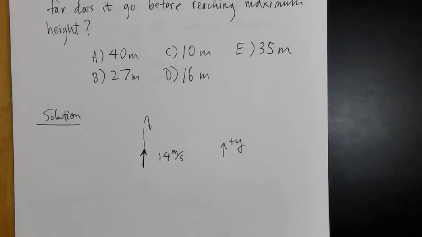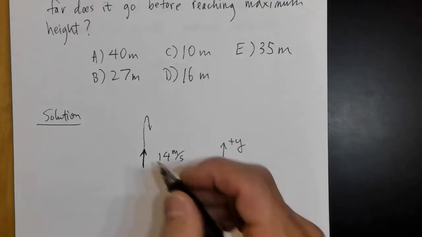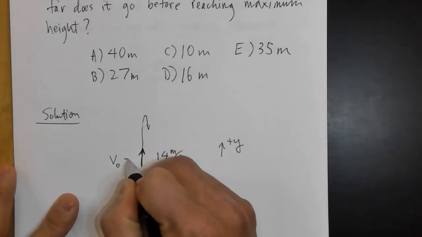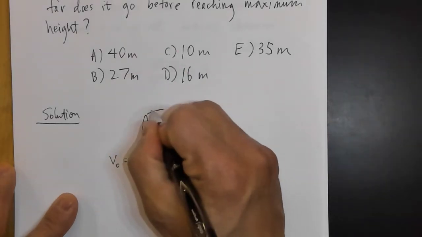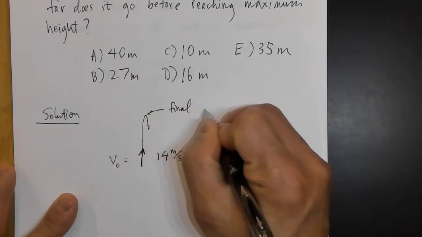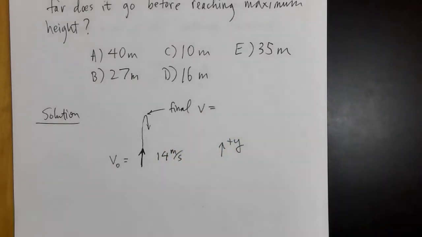And right at the top, what will the velocity be? That's what's called a turning point. And so this will be the initial velocity, this 14 meters per second. And then this will be the final velocity. We just call it plain old v the way I write the equations. The way it will be on your formula sheet, it will have all these v final and v initial stuff, but the way I write it is plain old v.